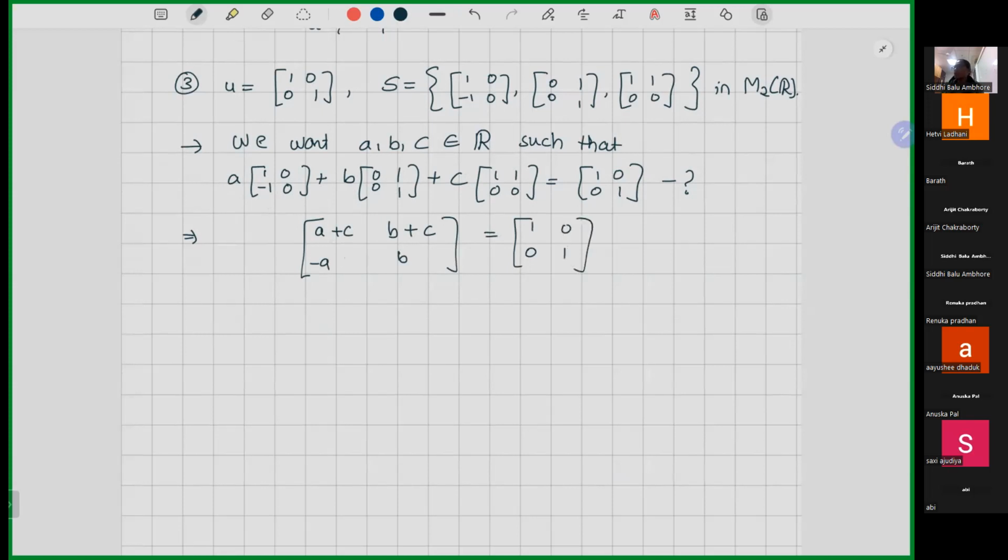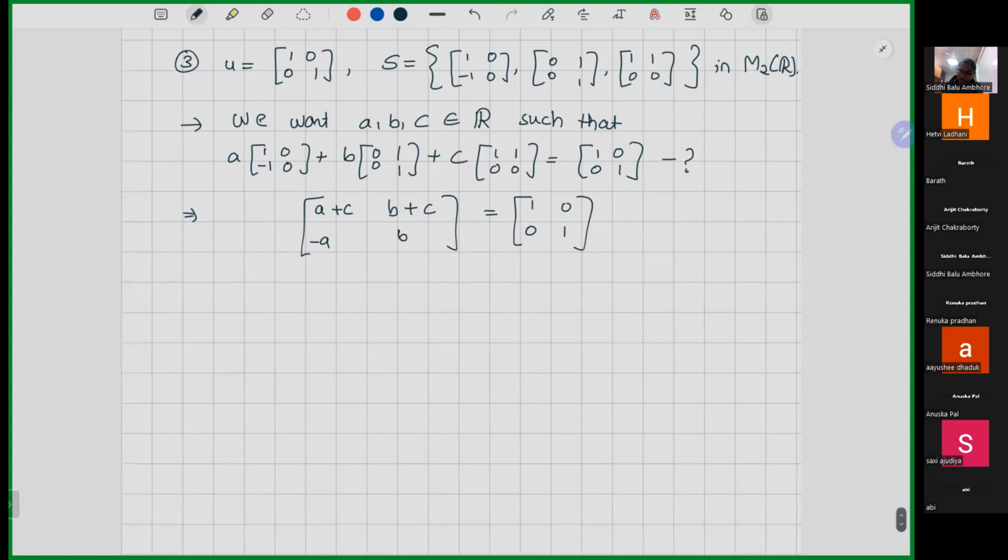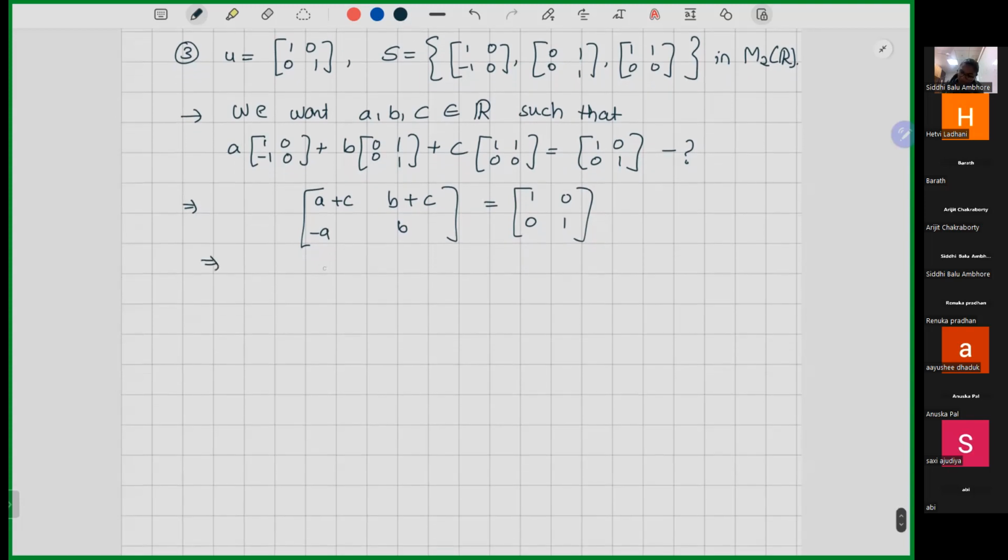So from this what we get? So let me write all the four equations. We are comparing now component wise.